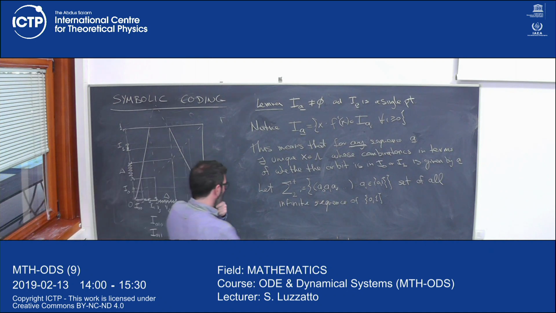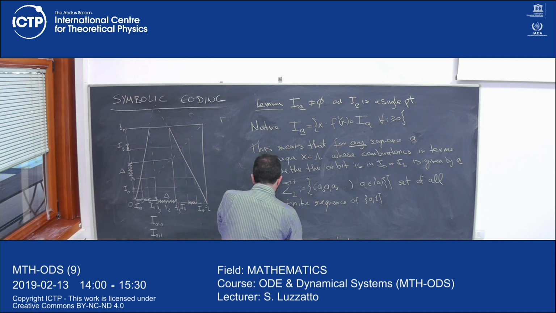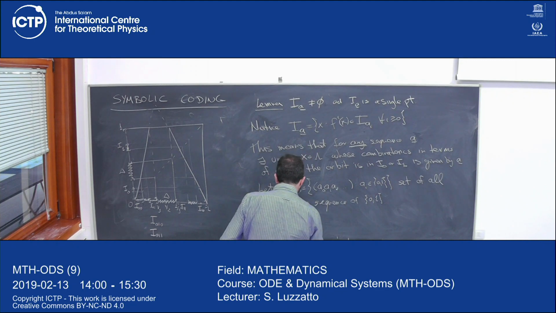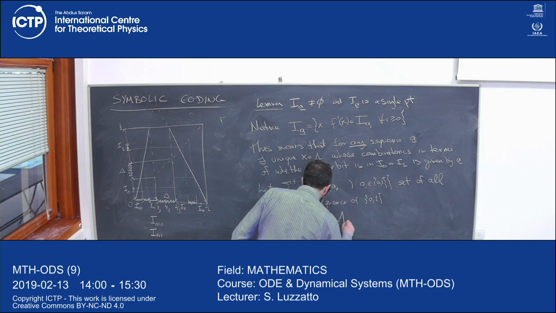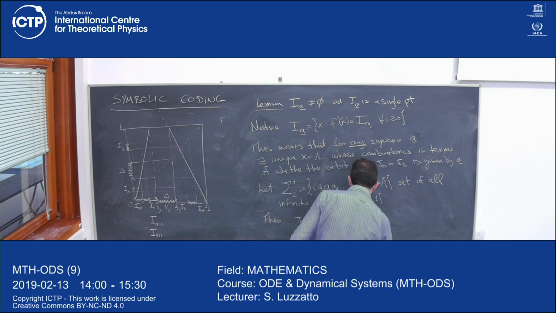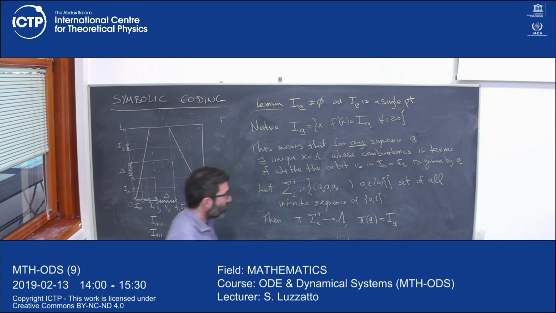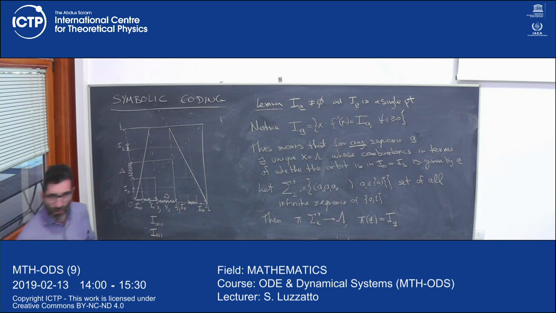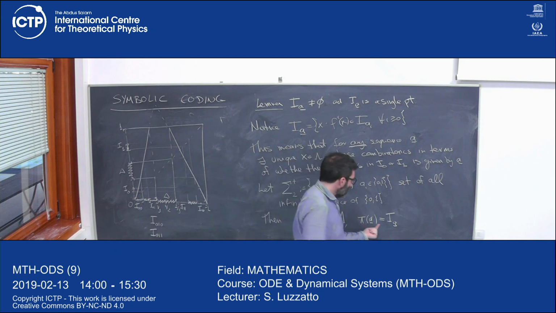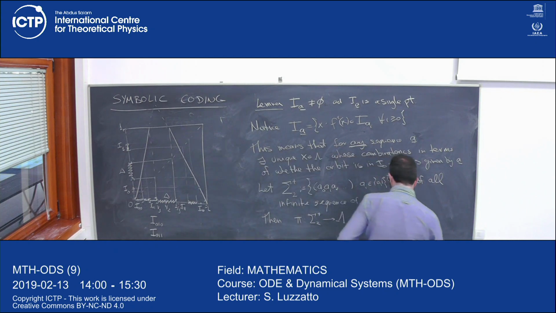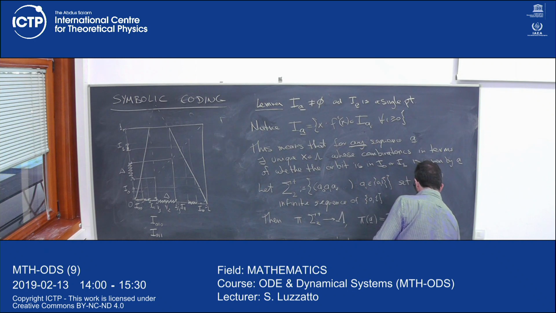Then what we've defined here is a map. Let's write it as pi from sigma 2 plus to lambda, defined by pi of a bar equal to the point with that combinatorics. This is well defined, right? Because we've just said for each a bar we have a unique point here.